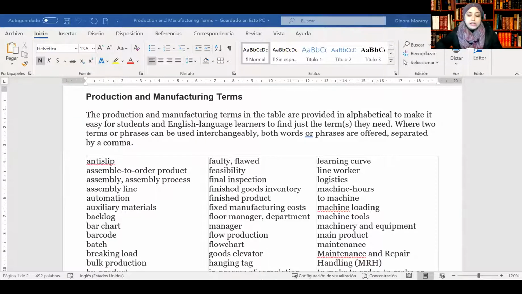In this case, we're going to use some terms that we already became familiar with last semester. We used some of these terms last semester, but this time we're going to start a glossary.